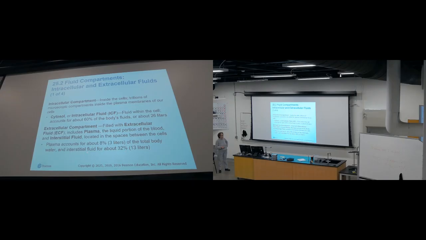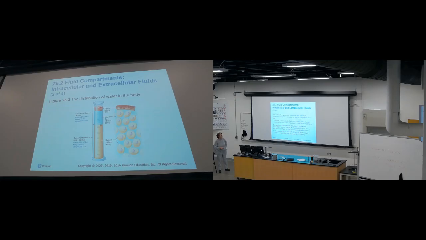So the interstitial fluid, don't confuse it with the intracellular compartment or the intracellular fluid. Interstitial fluid is the fluid that surrounds our cells. So we have around 13 liters of water, and then we have 8% in the plasma, which is 3 liters of water.